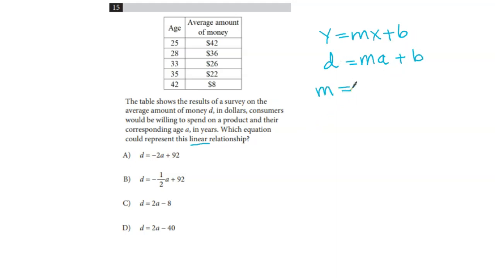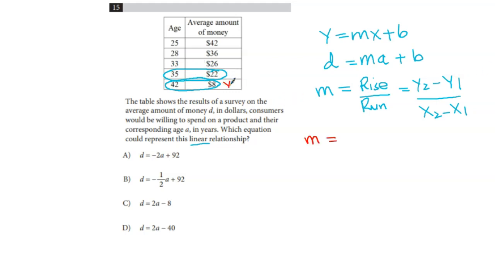We need our slope, and that is rise over run, which is y2 minus y1 over x2 minus x1. You can pick any reasonable point, so let's go ahead and pick this. You can pick anything, but I decided to pick that one.